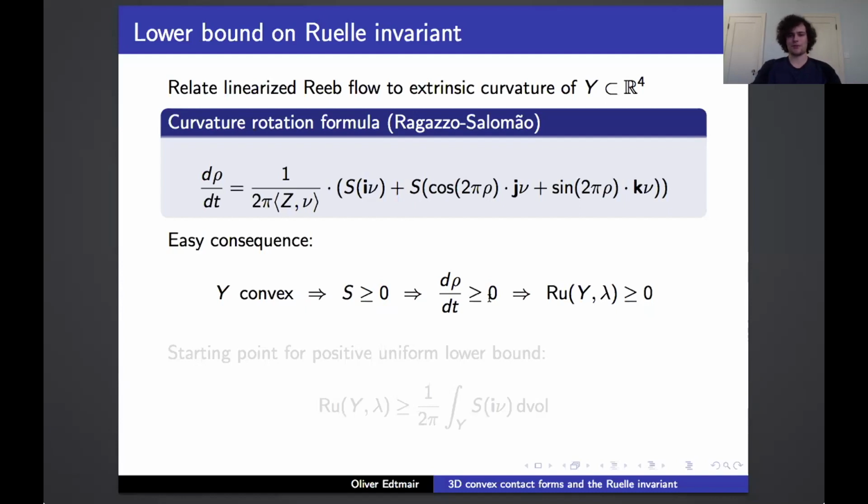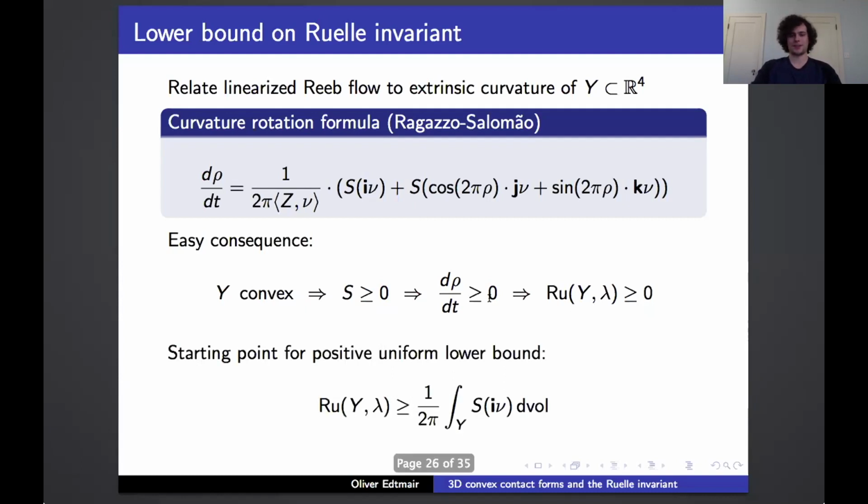But of course, we want to have a bit more, right? We want to have a strictly positive lower bound, and we also want it to be uniform among all convex hypersurfaces. And so the first step of our estimates is this inequality here. We can prove that it follows rather directly from this curvature rotation formula and the definition of the Ruelle invariant.